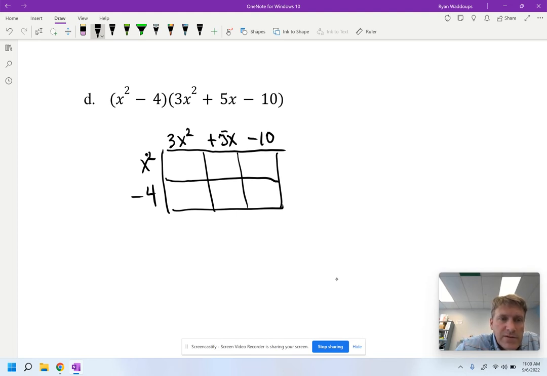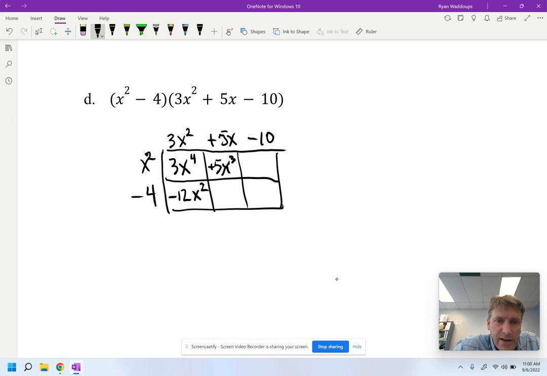And 3x squared times x squared is 3x to the fourth power. 3x squared times negative 4 would be negative 12x squared. X squared times plus 5x would be plus 5x to the third power.